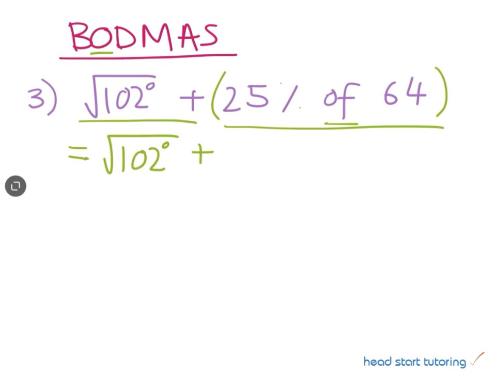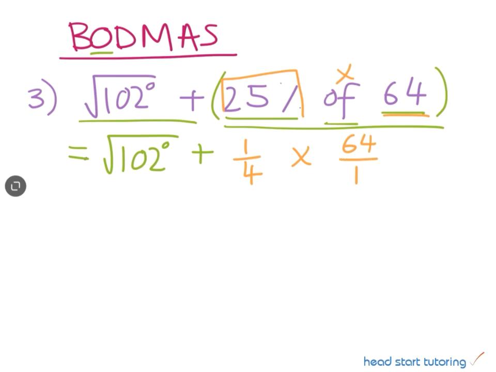So we've got the square root of 102 to the power of 0 plus, then we've got our 25% of 64. How else can we write 25% to make it easier when we are multiplying by a whole number? What we can do is convert our 25% into a simplified fraction, which would be 1/4. We can replace our of with a multiplication sign, and we can put our 64, our whole number, over 1.